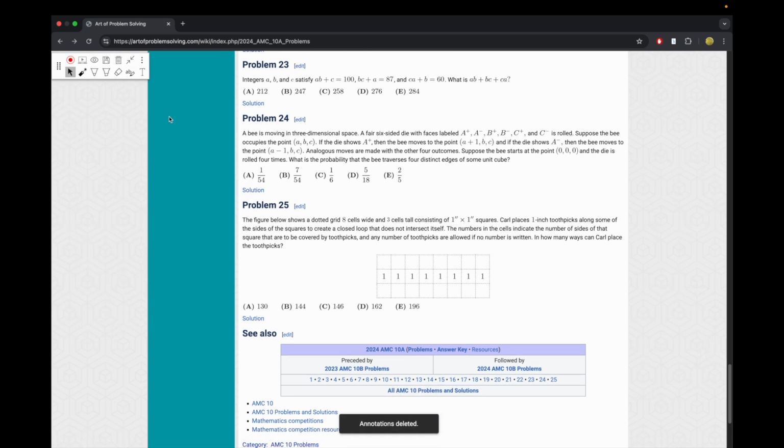A bee is moving in 3-dimensional space. A fair 6-sided die is rolled. Suppose the bee occupies the point. Okay.